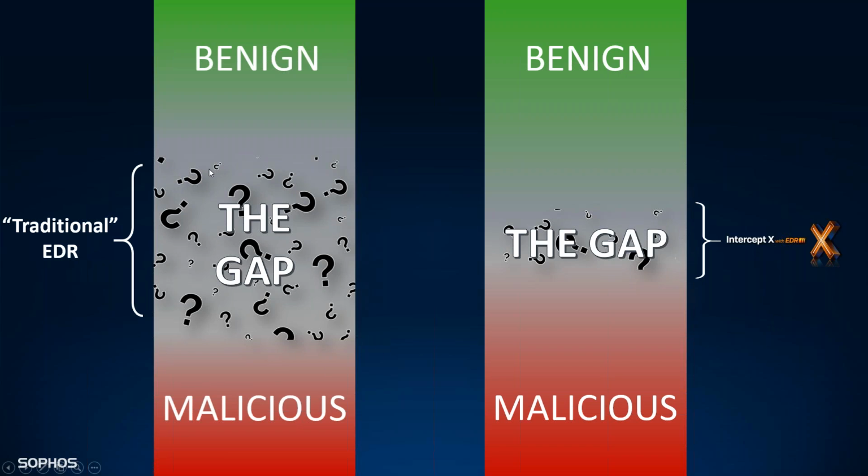So when you log into your console, you may see 100 different things that you have to follow up with. Since Intercept X is so good at narrowing that gap down, it may only have 10 things you have to look at when you log into your console or get any notices. It really helps reduce the amount of things you have to look through to determine, is this really bad or is this really good?